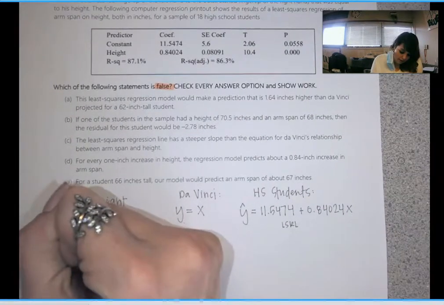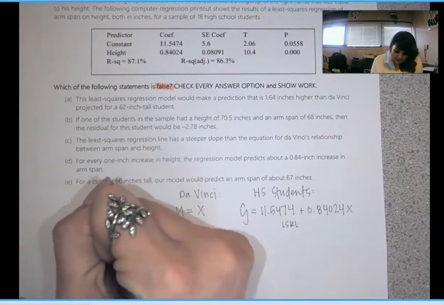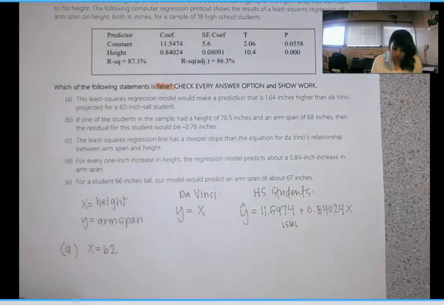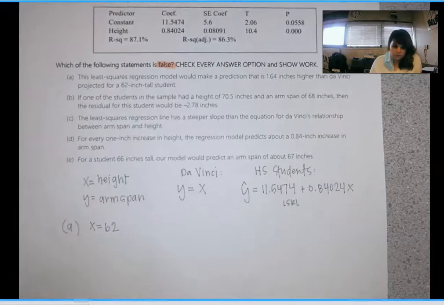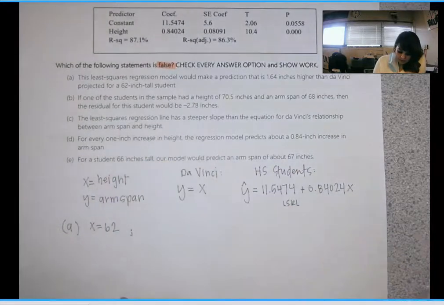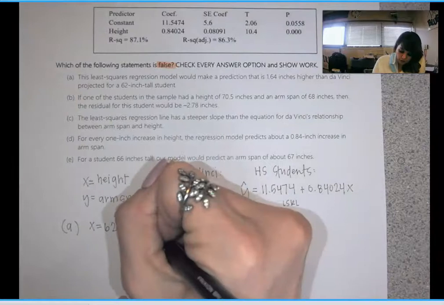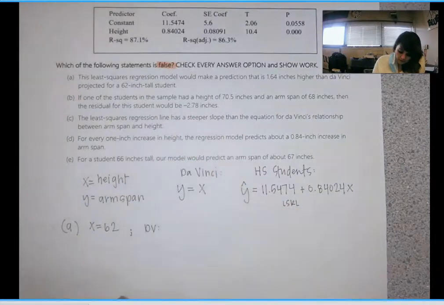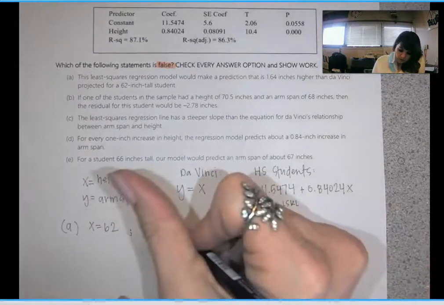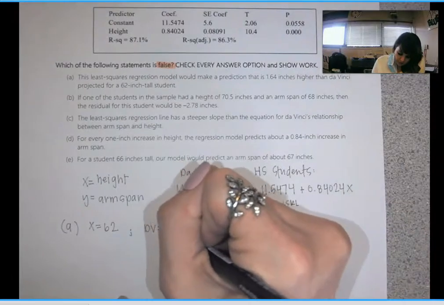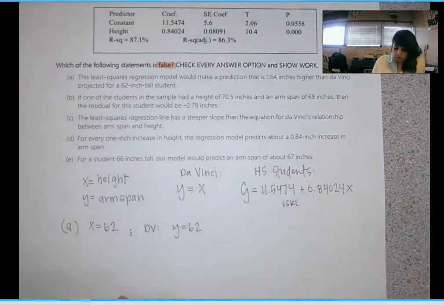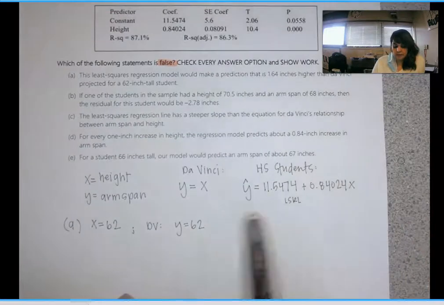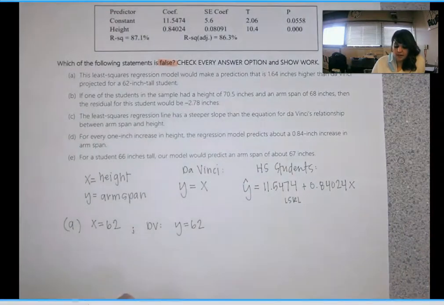So A, x is 62. Okay. Well, according to Da Vinci, what this would mean is that y is then 62. Because Da Vinci says y equals x.